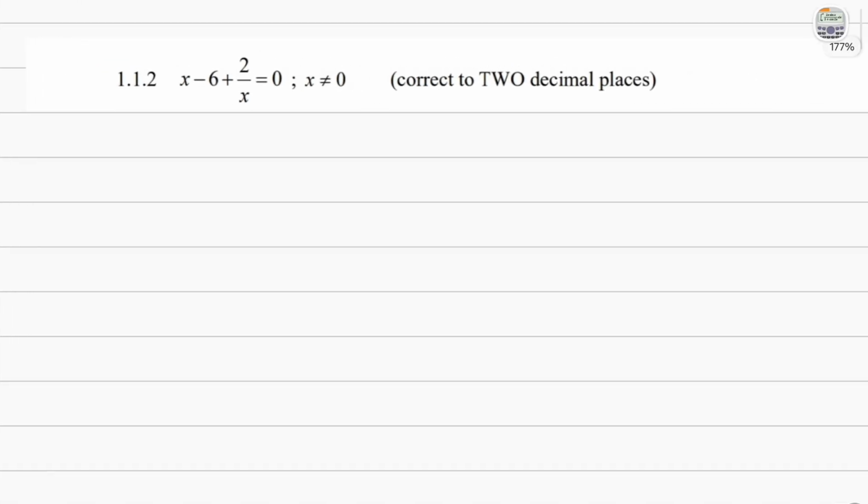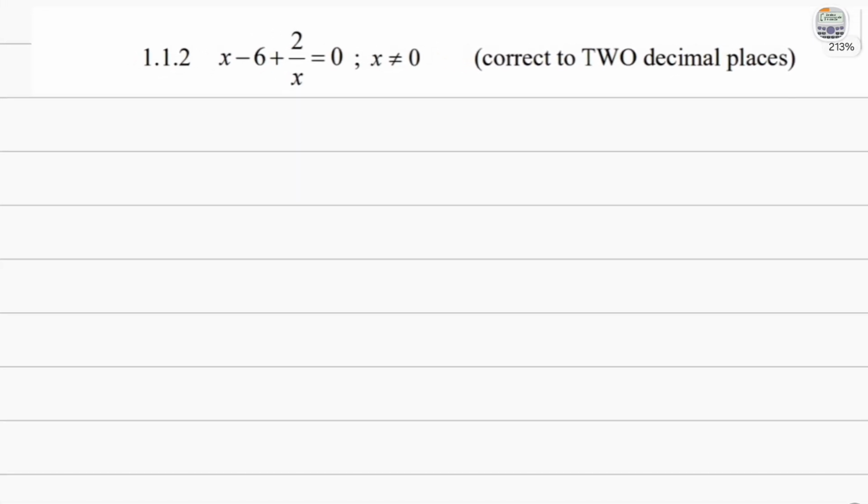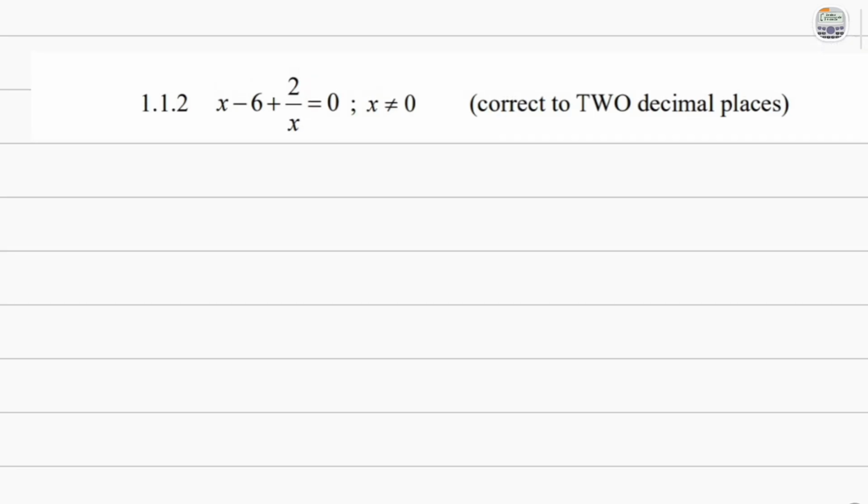Question 1.1.2, we are given an equation and we're told to solve for x correct to 2 decimal places. So it means that we're going to have irrational solutions. Okay, so what is wrong with this equation and why can we not solve for x right now? That's because we have an x in the denominator. Okay, so in order to fix this, we're going to multiply both hand sides of this equation by x.